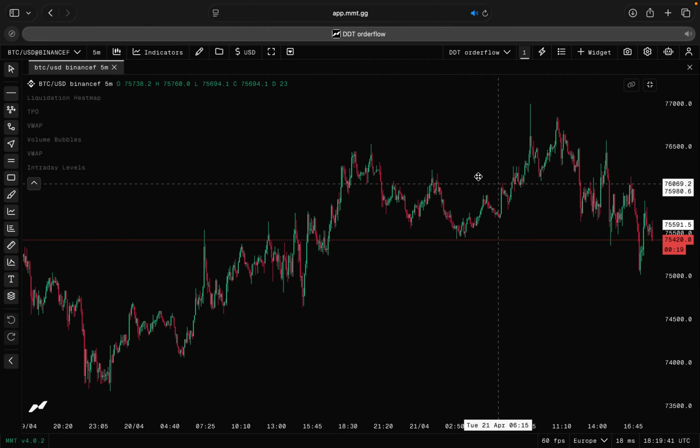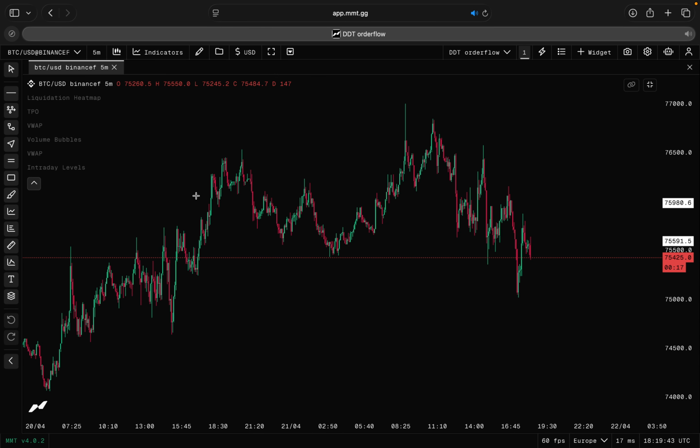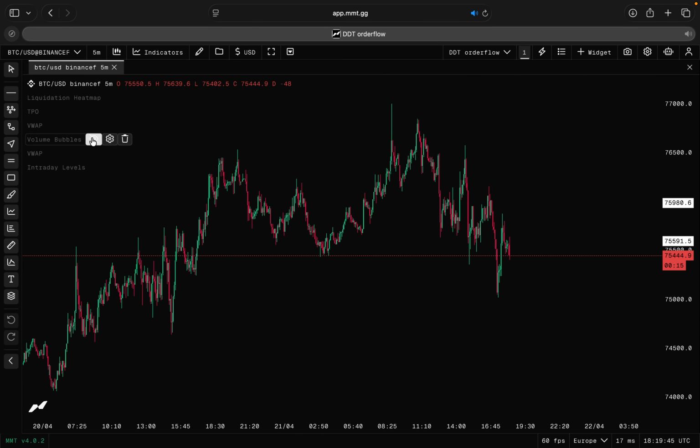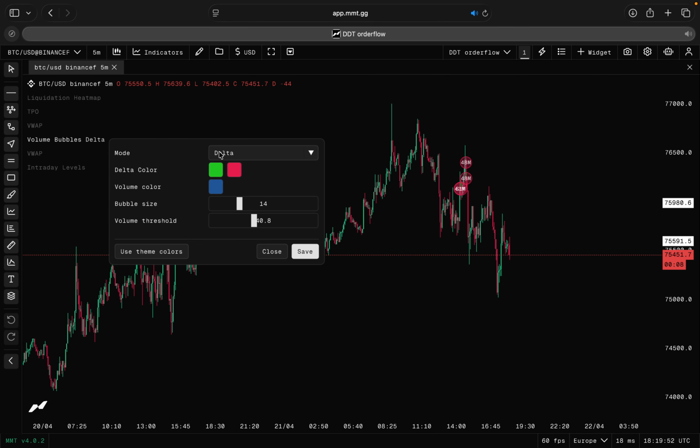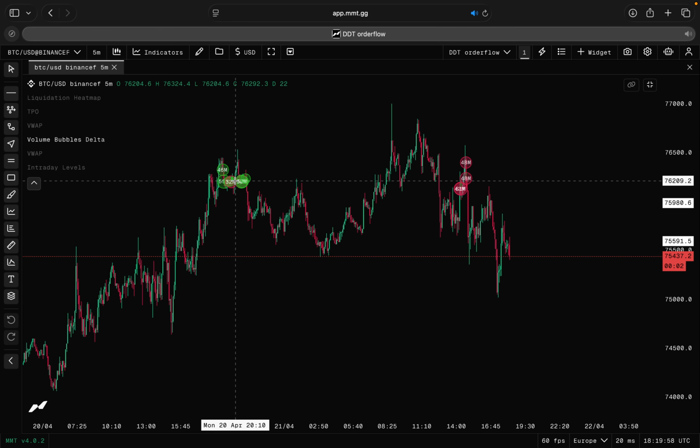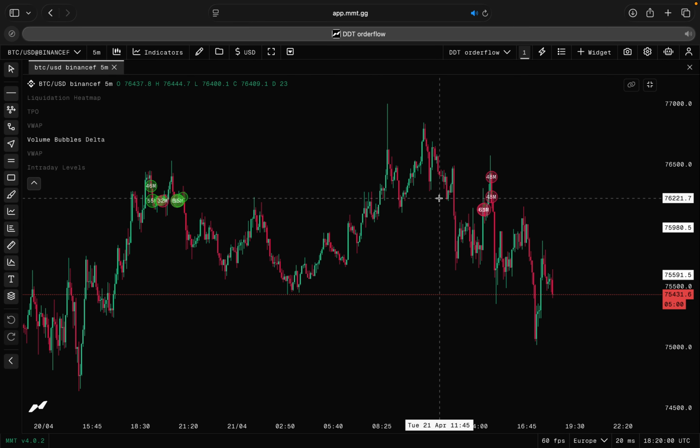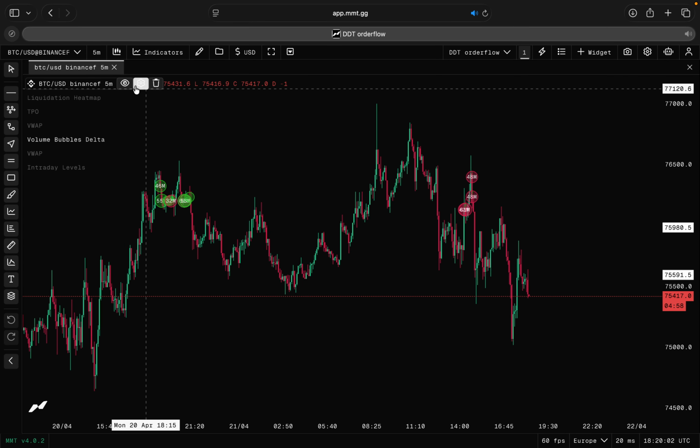And now it gets to the more interesting stuff, which are the volume bubbles. It says volume bubbles, but here you see it's delta, so you can put it on volume, and then it's based on volume, and delta is based on delta. Delta basically shows you the market orders.